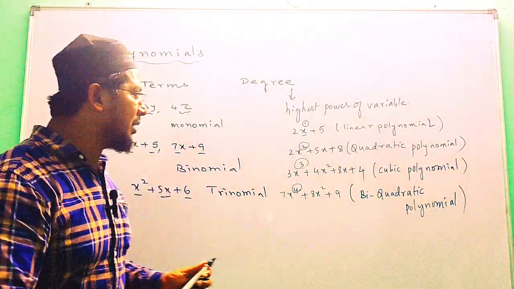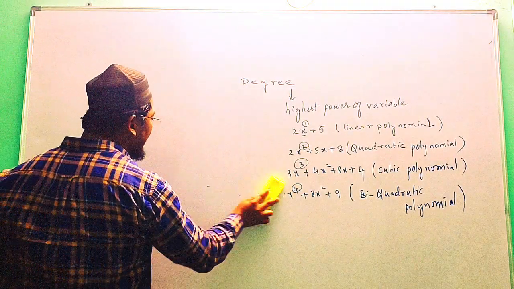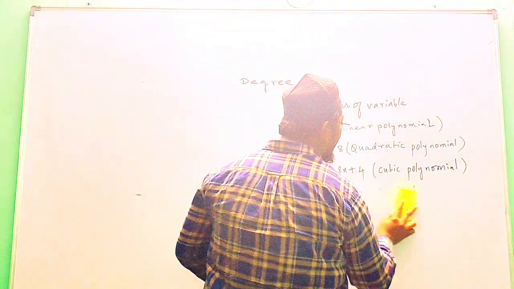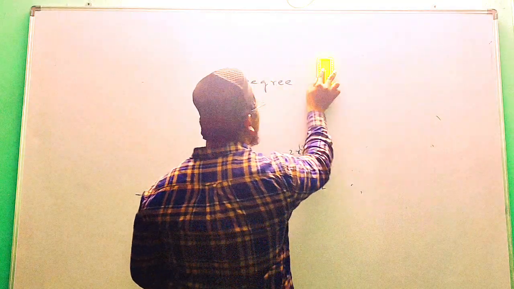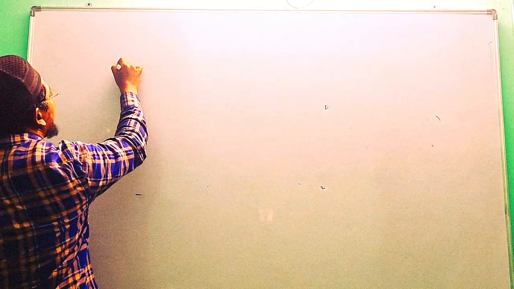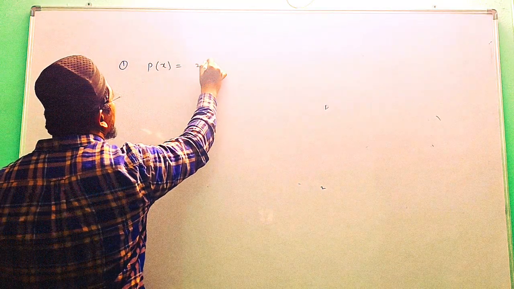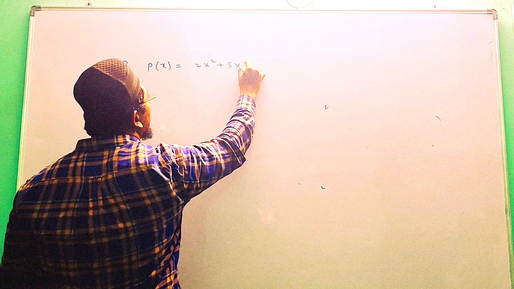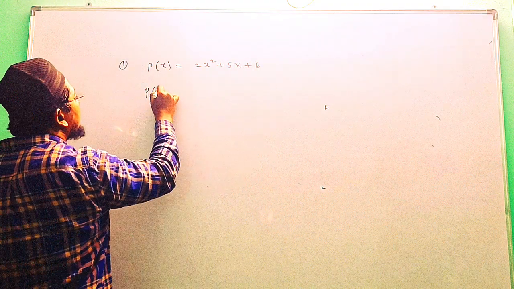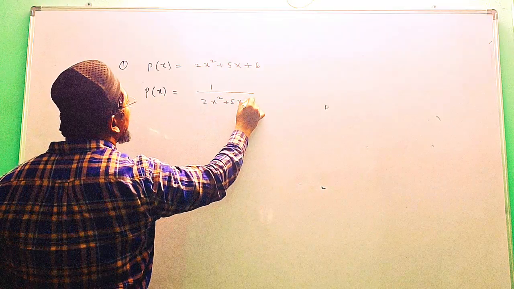After that, we have to see how to identify whether the given expression is a polynomial or not. Suppose, example, first case, p of x is equal to 2x square plus 5x plus 6. Another example, p of x is equal to 1 upon 2x square plus 5x plus 6.